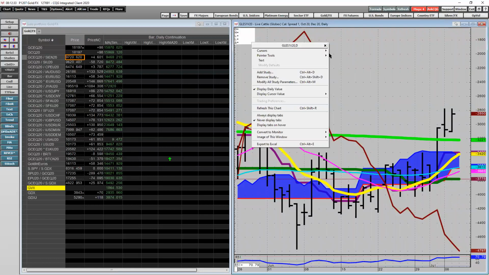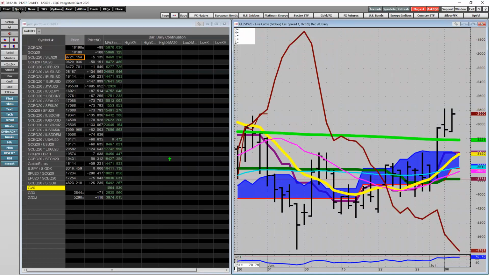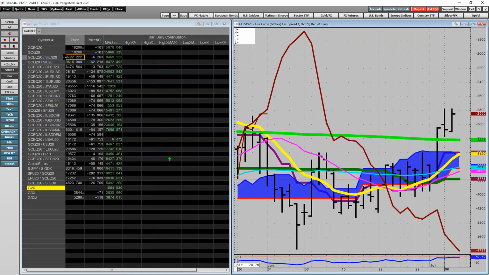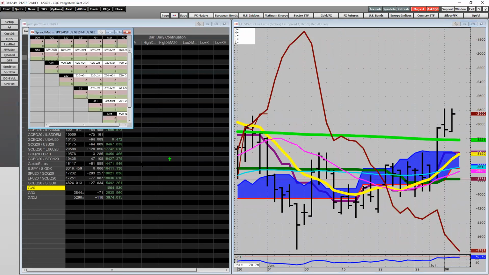Oh, I'm sorry, right click on quote instead of chart, and add quote, and go down to spread matrix. And we can set these up.